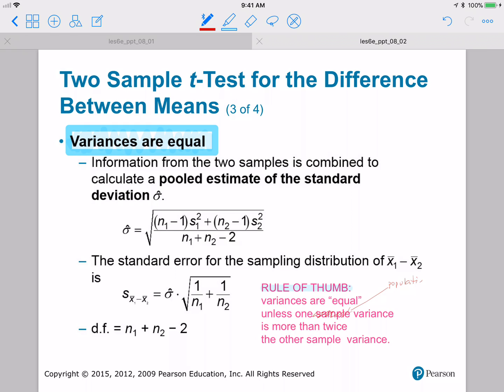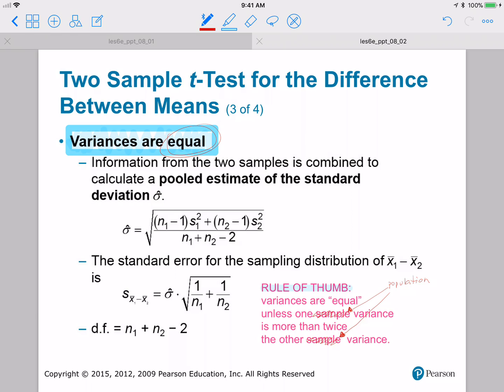The reason I wanted to point out this rule of thumb is that it is out there. So you have to be careful when you're reading, say, a survey, results, an article or research in undergrad or grad school later on. Make sure that you are aware of their definition of equal. When they say equal, do they mean exactly the same variance, or do they mean the variances are kind of close to each other?